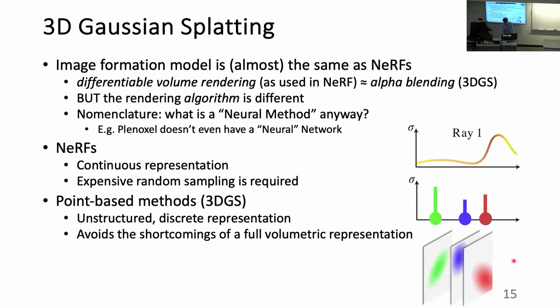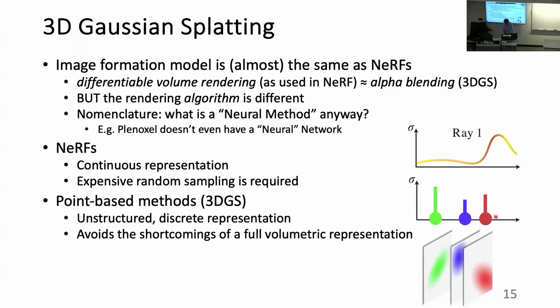once you have, for example, if your camera is looking from this direction, and you want to calculate the pixel value for this pixel, then actually you have a discrete description of where your contributions are.